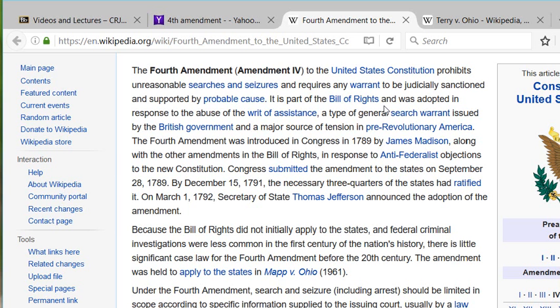And so the Fourth Amendment was put into the initial Constitution under the Bill of Rights to limit search and seizures to those things written specifically out in a warrant, supported by probable cause, and authorized by a judge. And I think everybody understands what the Fourth Amendment is.